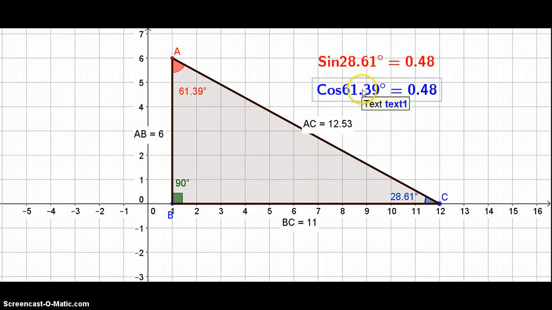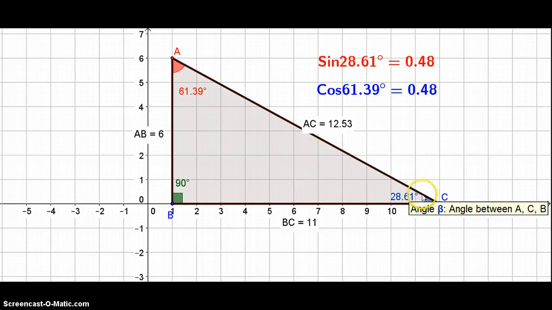Because they are complementary, we have the sine of an angle, and the complement of the sine of an angle is what we call cosine. And for that matter, if they add up to 90 degrees, then their values ought to be the same.